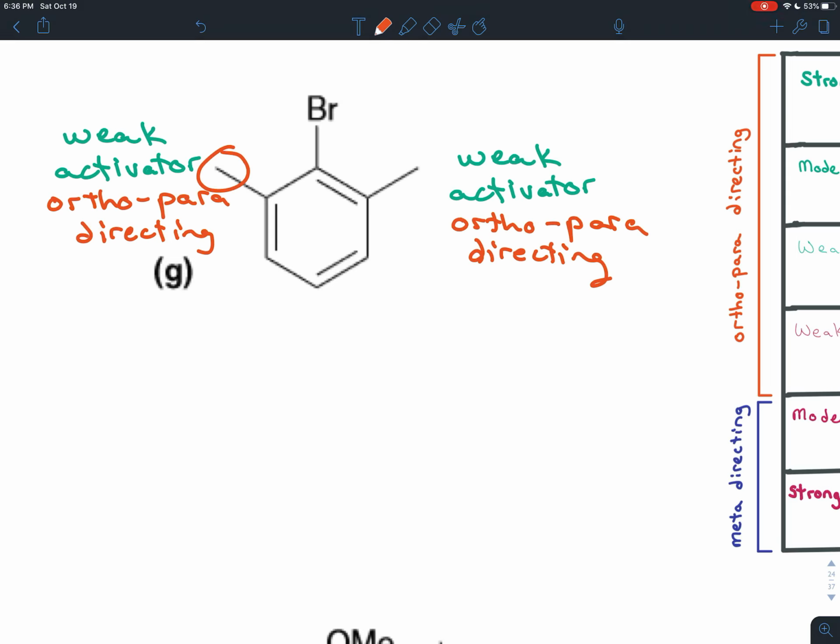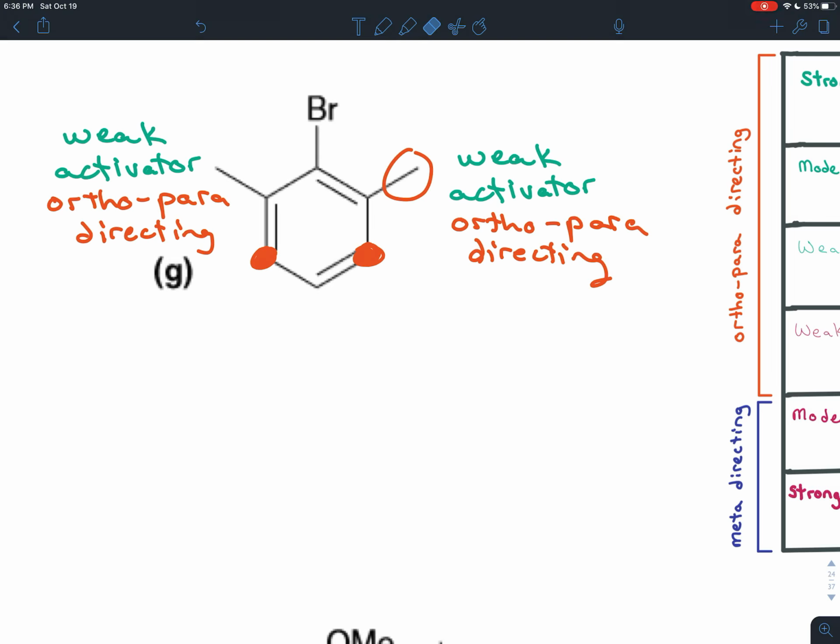So first let's think about this one. You could get a branch at the ortho positions to that. One of the ortho positions is taken, the other ortho position is open. Or you could get a branch at the para position. Okay, next, let's think about the other alkyl group. You could get a branch at the ortho positions for that. One is taken, one is open, or the para position for that.